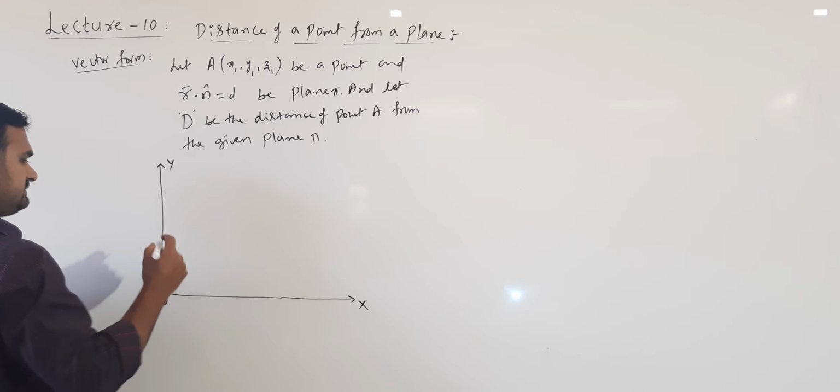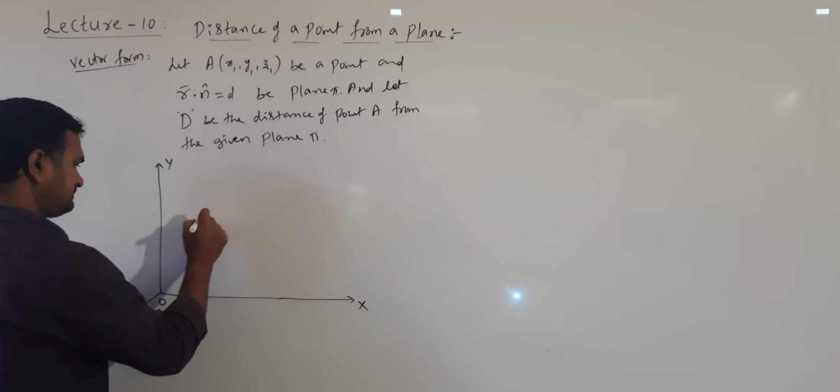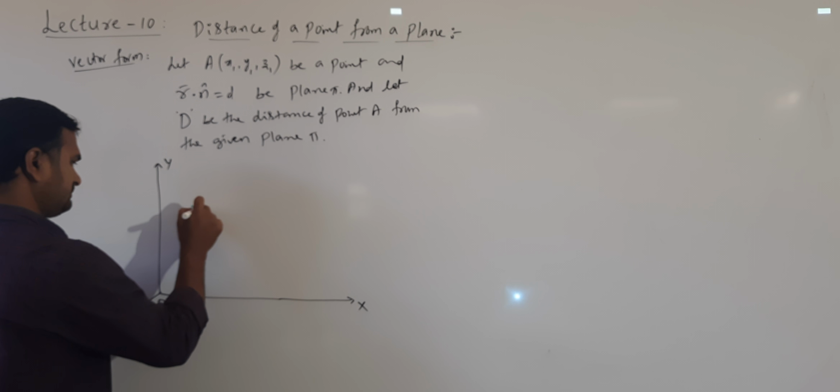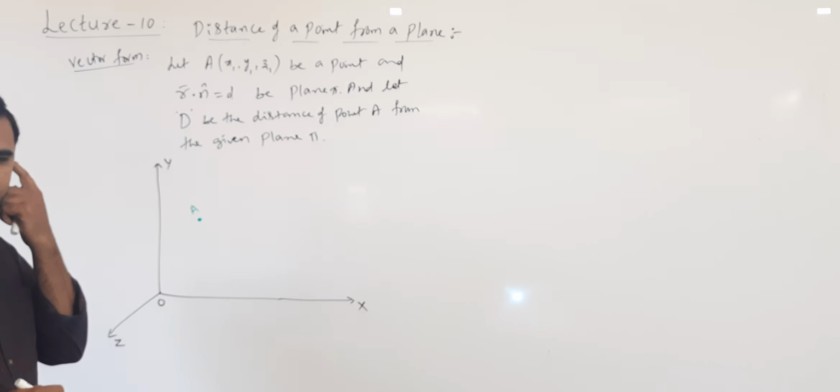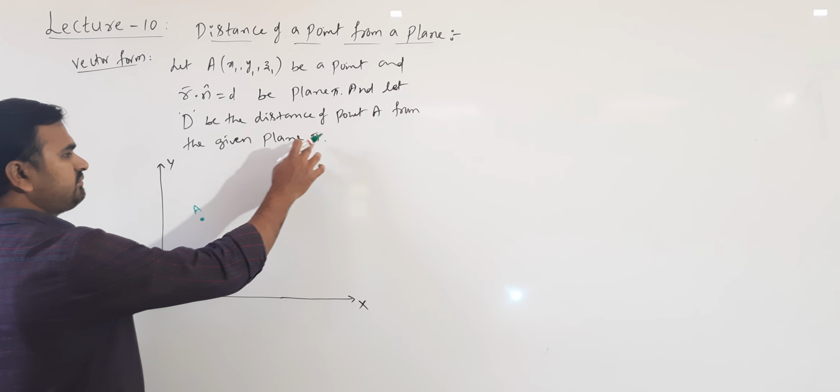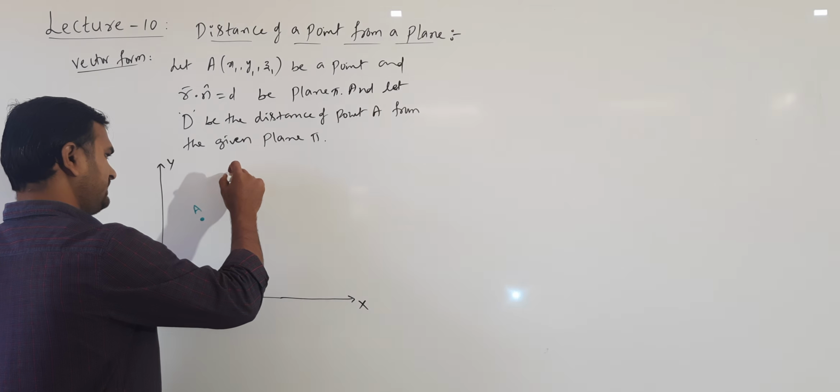Suppose there is a point A here. This is the given point A, and plane pi is given. Suppose this is the given plane pi.